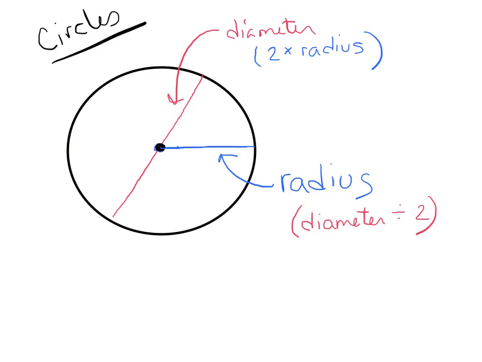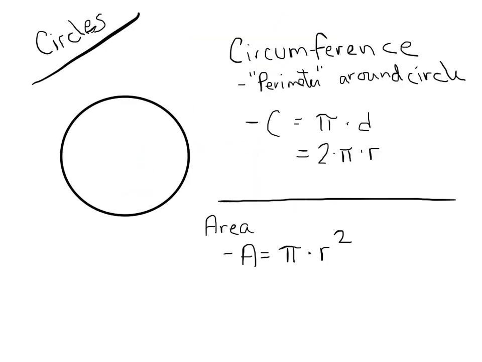This will be important when we start talking about the area of circles or the circumference of circles, which is kind of like the perimeter of circles. When we look at that formula, circumference is given by a value of pi. For our class this year, pi will be given the value of 3.14, even though it goes on infinitely.